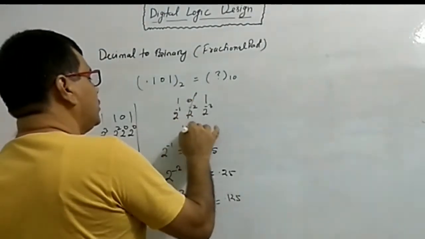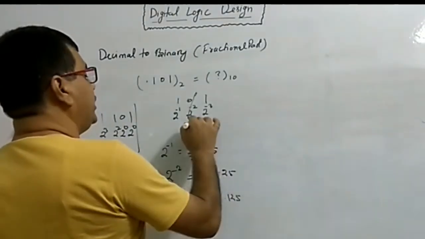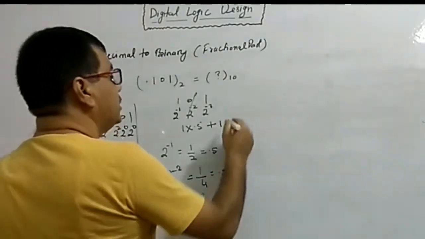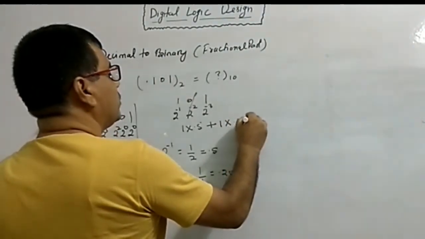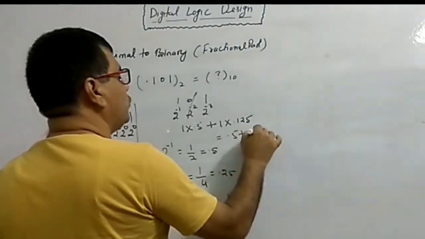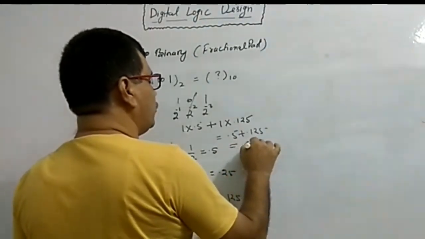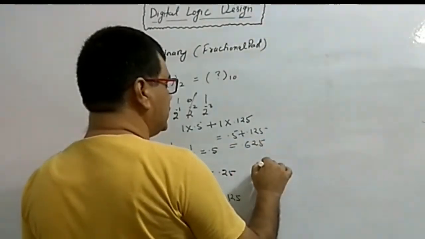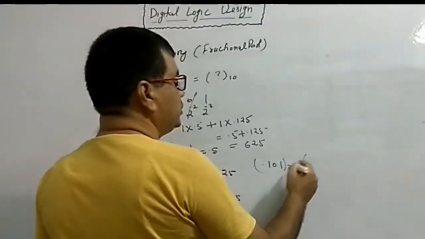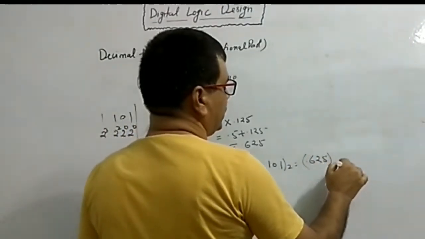Then 1 multiplied by 0.5 plus 1 multiplied by 0.125 is equal to 0.5 plus 0.125, which is 0.625. So we can say 0.101 in the binary number system is equal to 0.625 in the decimal number system.